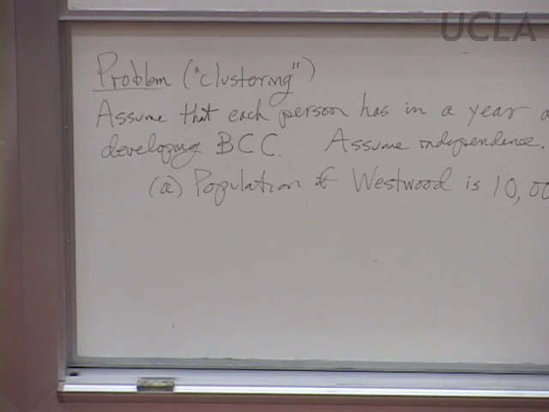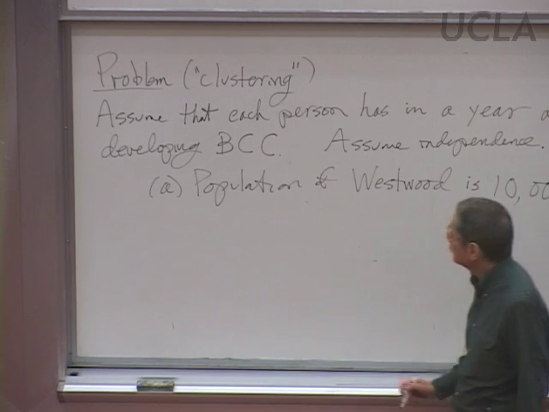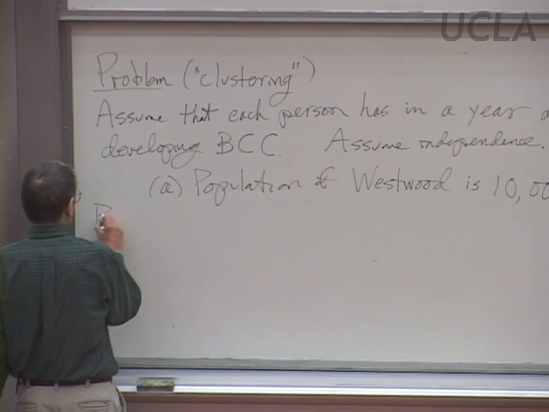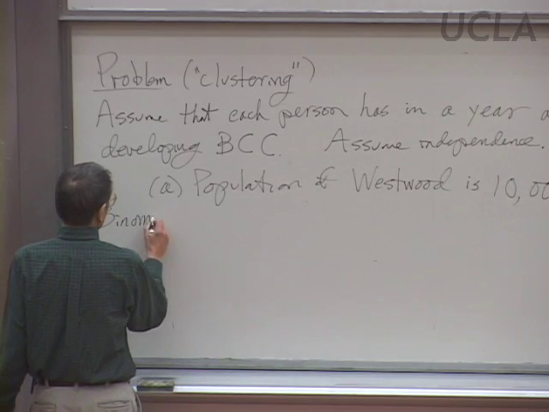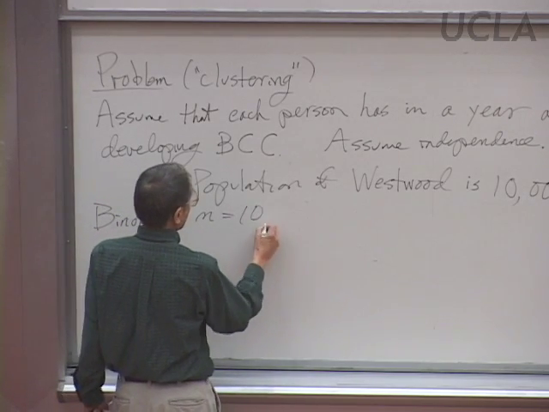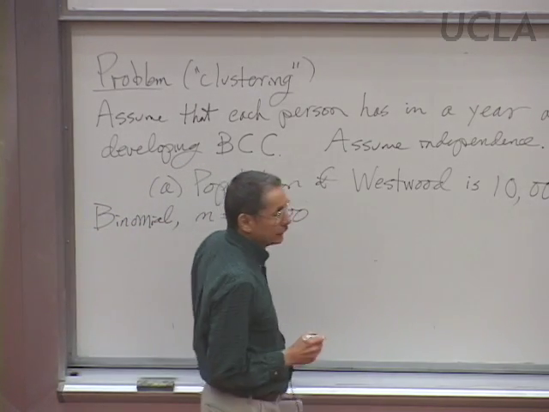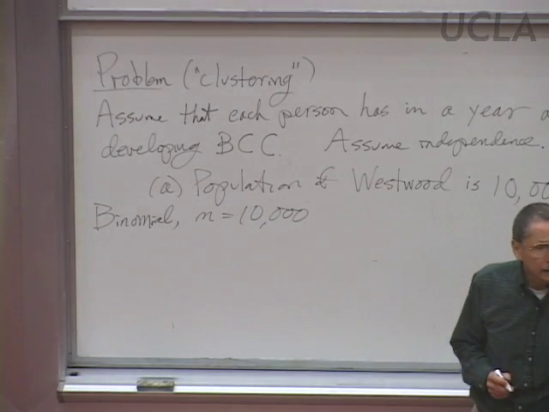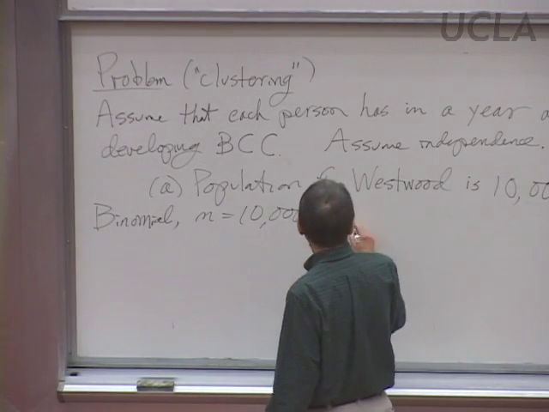One person develops it, that doesn't mean that their next door neighbor is more or less likely to have basal cell carcinoma. So we can apply the binomial distribution.